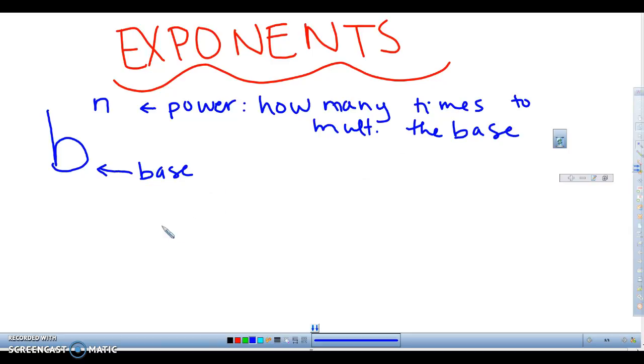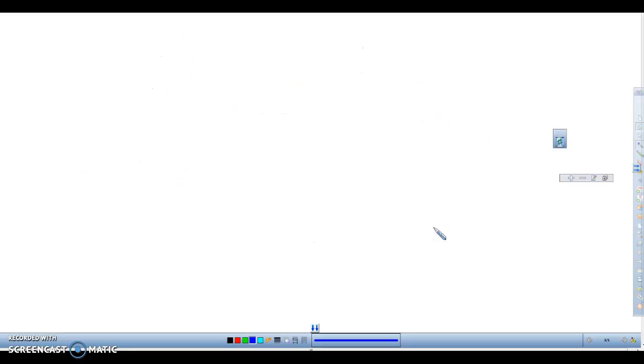Okay? For example, if I have 2 to the 4th, I'm going to multiply 2 4 times. 2 is my base. That's the number I keep multiplying. 4 tells me how many times I multiply it. Okay? So that should be stuff you already know.